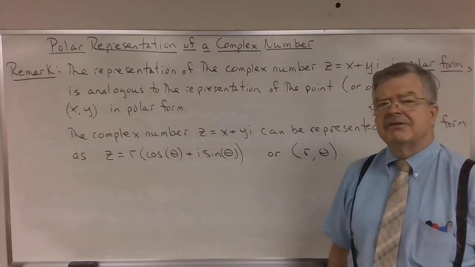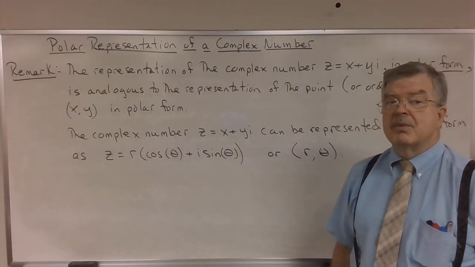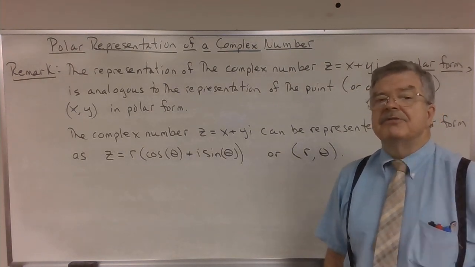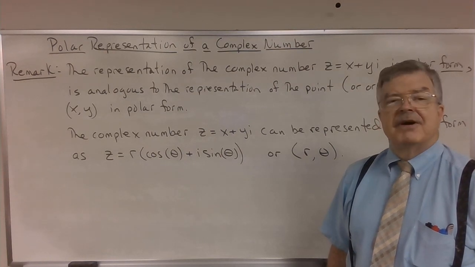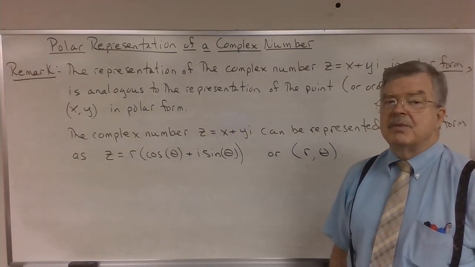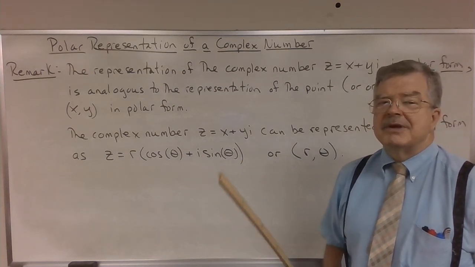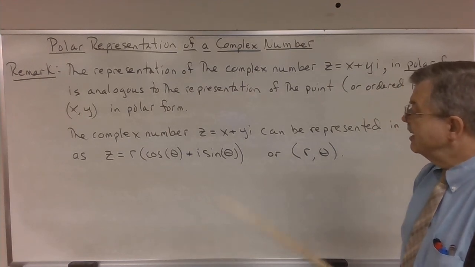Remember in Calculus 2 or Calculus 3, we did polar coordinates where we had a function of two variables, x and y. And we could represent that function in rectangular form, but we could also represent it in polar form. We're going to do exactly the same thing with complex numbers.